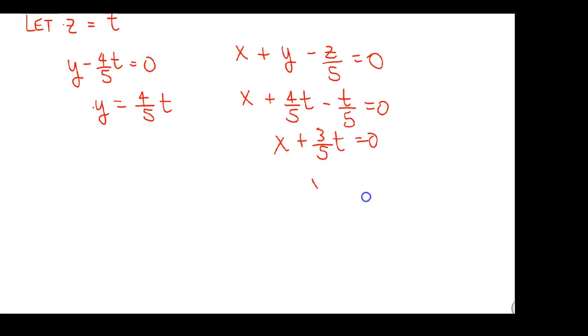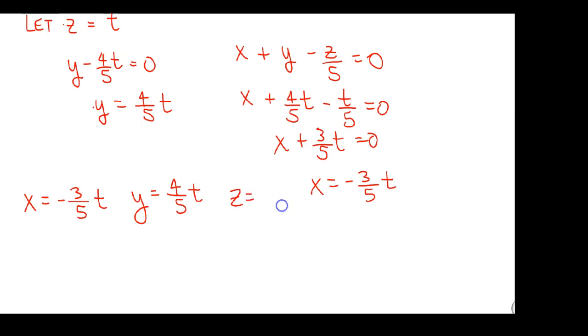And then I can solve for x in terms of t. So my solution is that x is equal to -3/5 t, y is equal to 4/5 t, and z is equal to t.